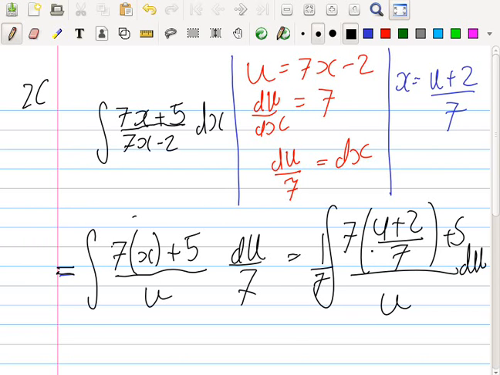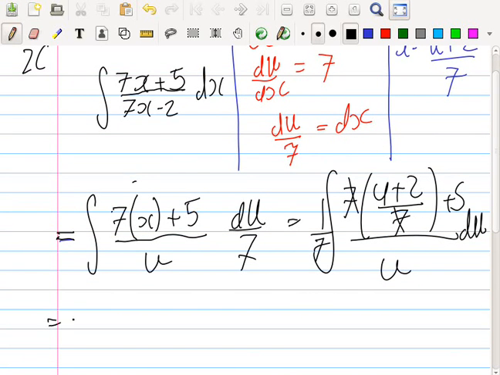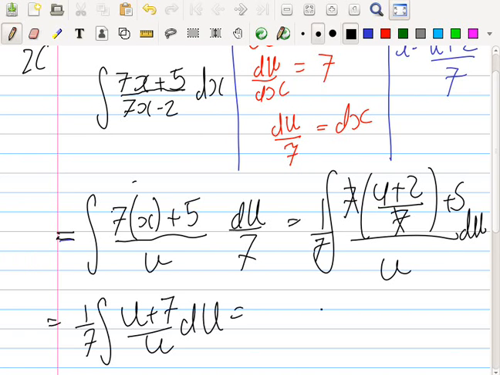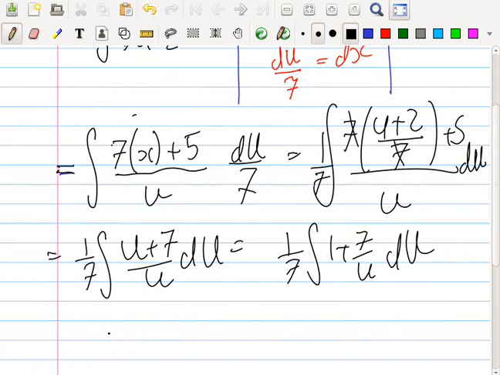Now what happens to the 7's here? They cancel. So you get now 1 over 7 integral u plus 7 over u du, which equals 1 over 7 integral 1 plus 7 over u du, which will equal 1 over 7 u plus 1 over 7 times 7, which cancels, and the antiderivative of 1 over u is log u plus c.